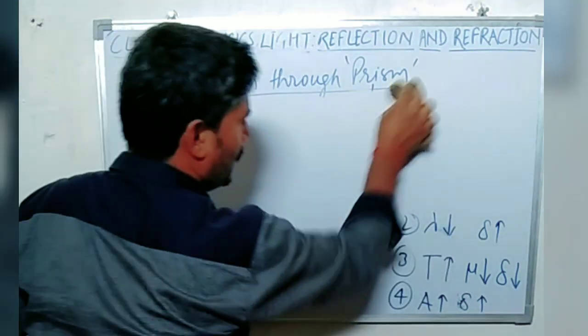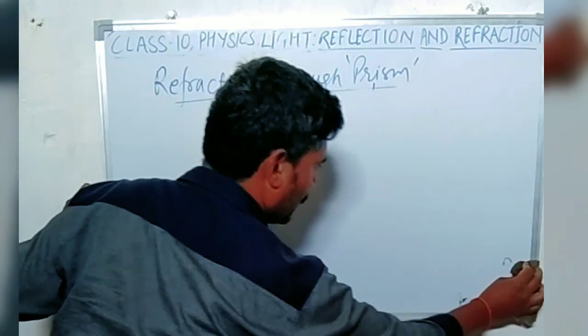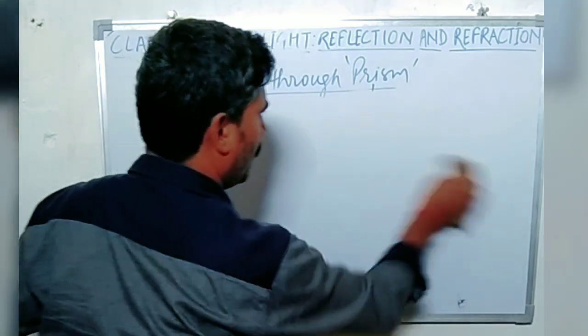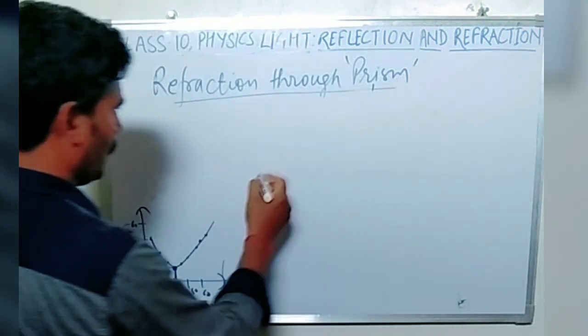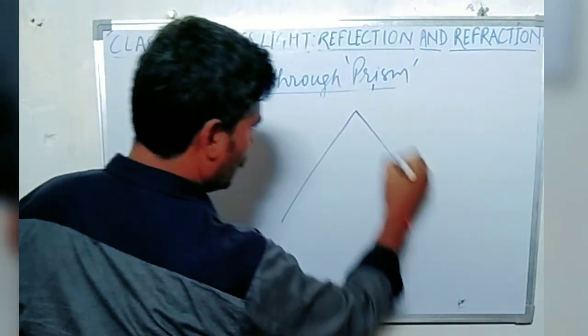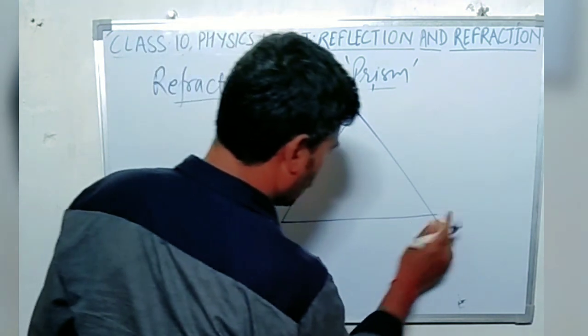So now we will discuss what the conditions of getting minimum angle of deviation are. We have this triangular glass prism.